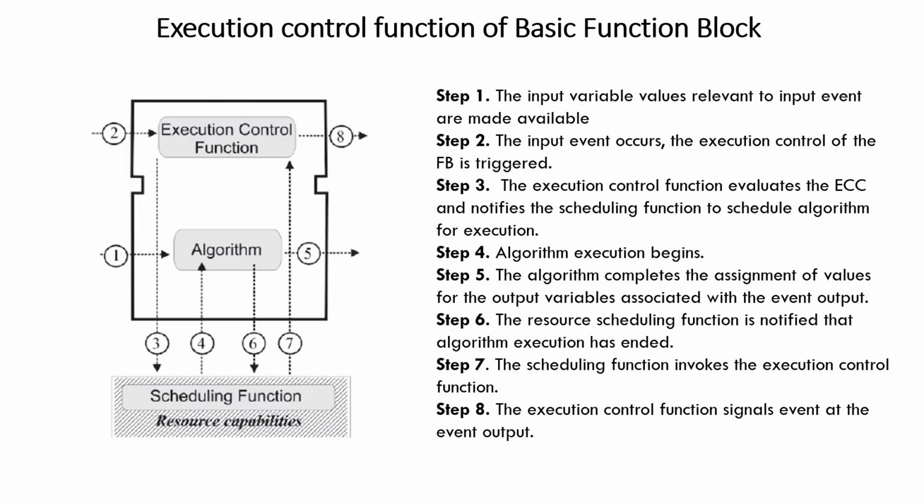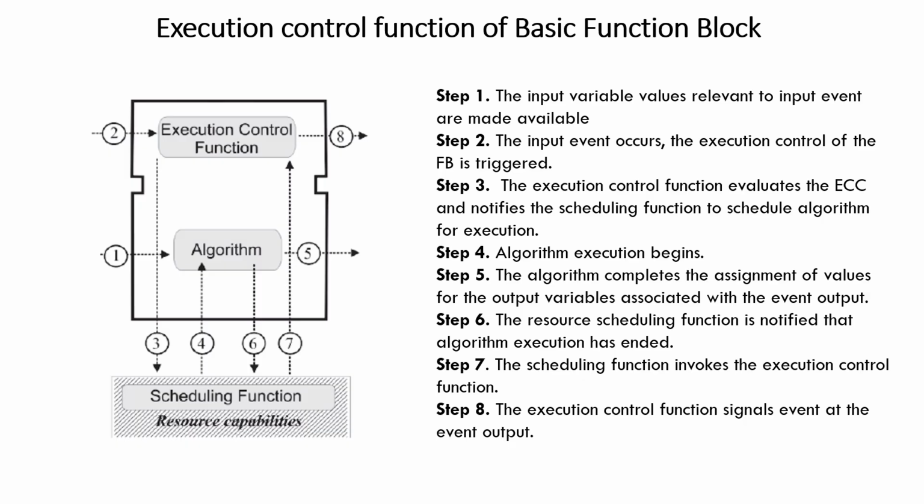So the scheduling function again gives control back to the execution control chart and tries to find if there are any more conditions that can be evaluated to true on the transitions of that function block. So basically, the outgoing arrows from the state where the function block is now.